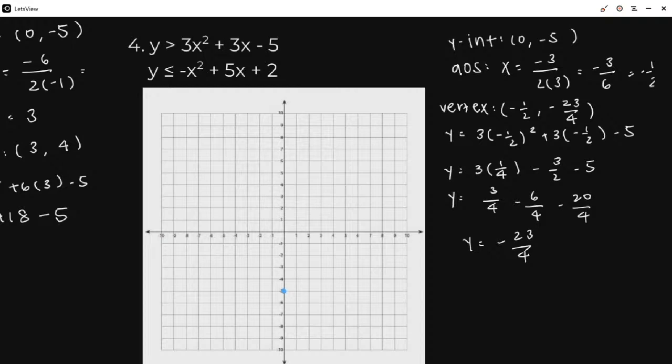So it'll be somewhere here. And our axis of symmetry goes through, oh, hold on, x is negative 1, sorry. So the point should be somewhere here. And our axis of symmetry goes through here.